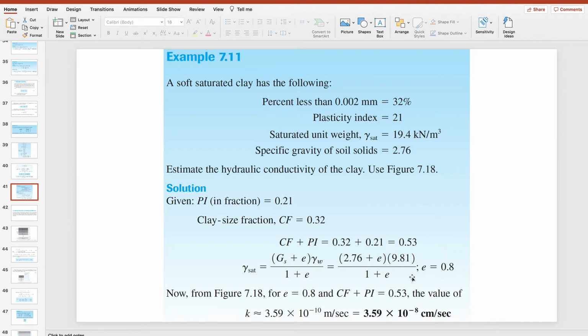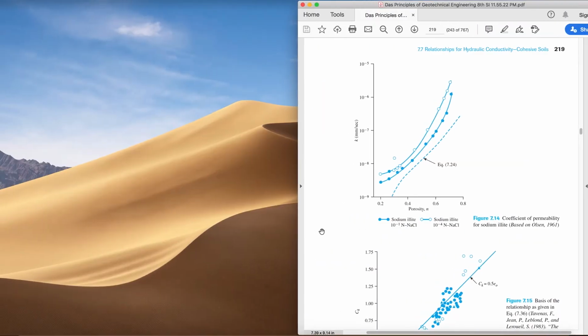Then we can have our e. e is 0.8. CF plus PI: CF is 0.32, PI is 0.21, CF plus PI is 53. So e is 0.8, CF plus PI 53.